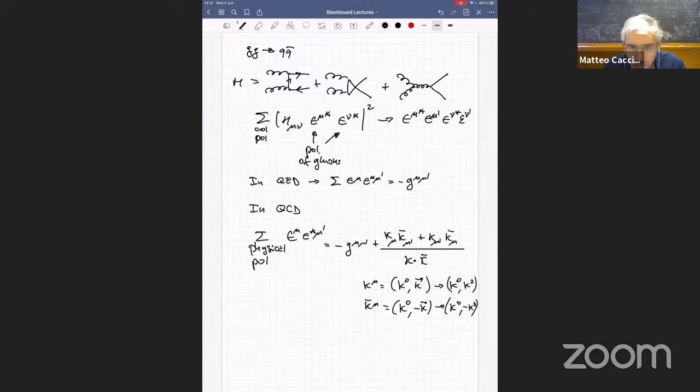With this choice, for reasons I have no time to explain now, you do away with the unphysical degrees of freedom in the polarization, and you get the right result. Needless to say, this complicates a bit your result, especially if you're calculating it by hand and not by machine algebra.